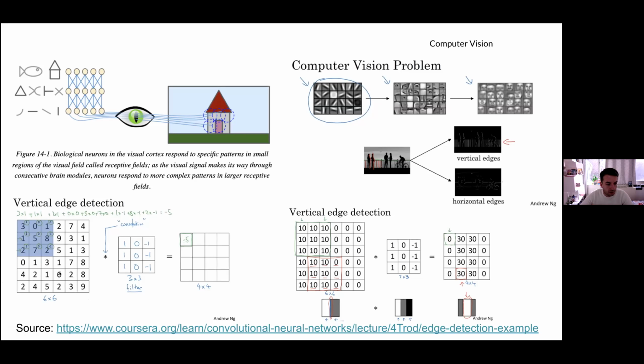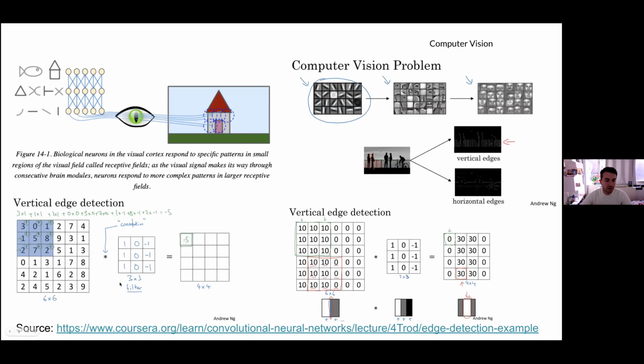So we have a 6x6 matrix here. Again, the numbers don't really represent something. Think of them as pixels or intensity. And what we want to do is somehow detect vertical edges. That's our computer vision task. To do that, we need to define what is called a filter or a kernel, which is usually way smaller than the original input size.